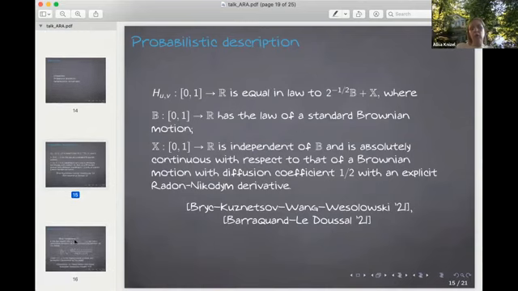Now I want to explain the main ingredients that we use in order to obtain the characterization, the main ingredients in the part about the computation of the Laplace transform in our work.